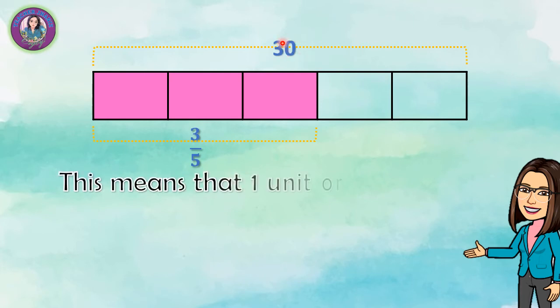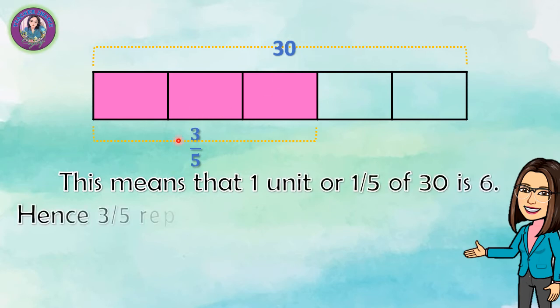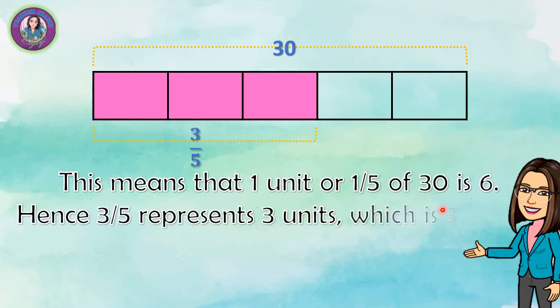This means that 1 unit or 1/5 of 30 is 6. Hence 3/5 represents 3 units, which is 3 times 6 or 18.